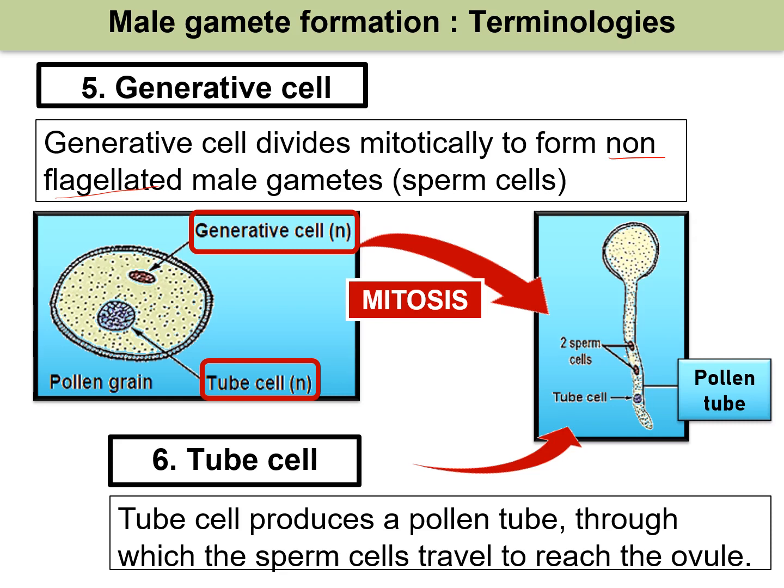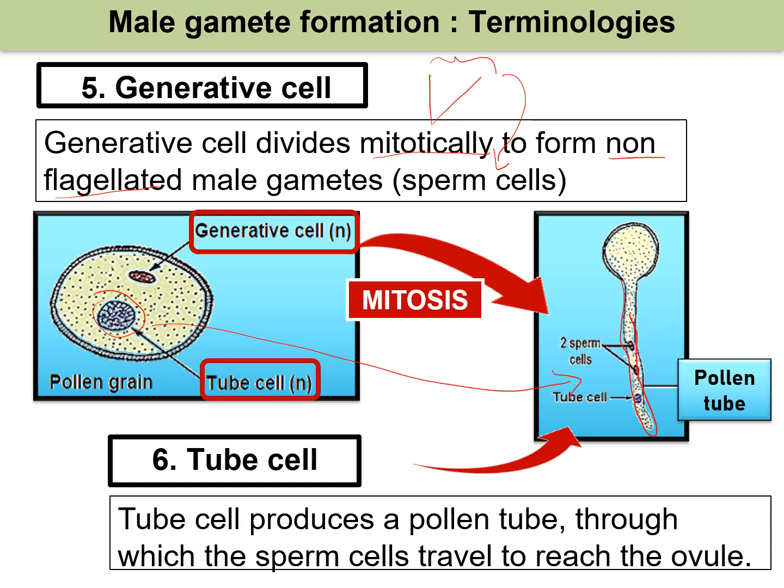The generative cell will divide. Of course, mitosis will form two cells. So both cells are sperm cells. So in flowering plants, there will be two sperm cells, while the tube cell will form the pollen tube.